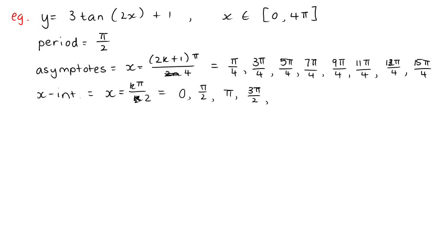So yeah, it's just going up by halves. So you got 2 pi, 5 pi on 2, 3 pi, 7 pi on 2, and 4 pi. That should be enough.